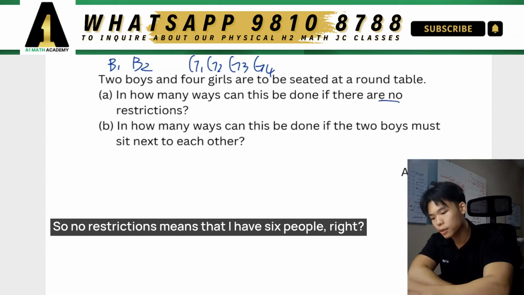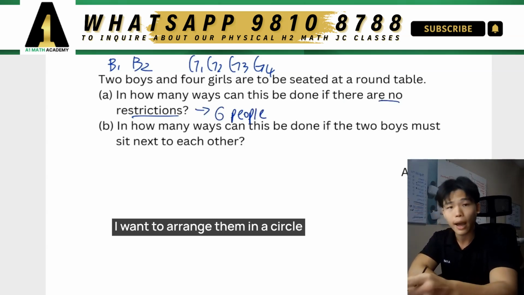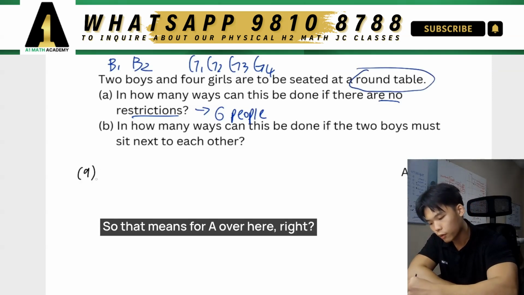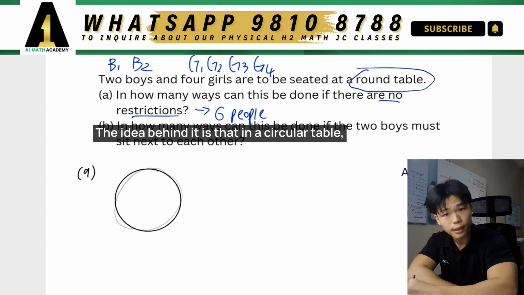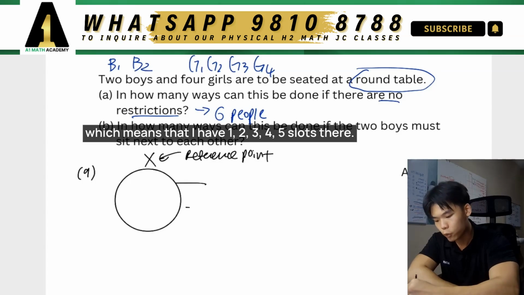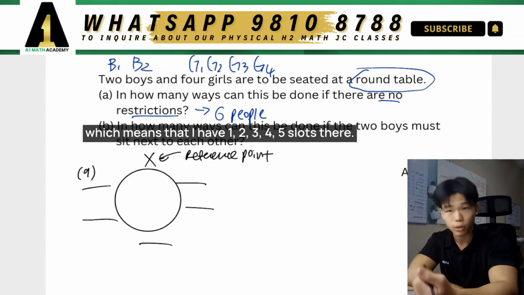So no restrictions means that I have 6 people, and I want to arrange them in a circle because this is around a table. So for A, the idea is that in a circular table, I will fix one of them as the reference point, which means that I have 5 slots left.